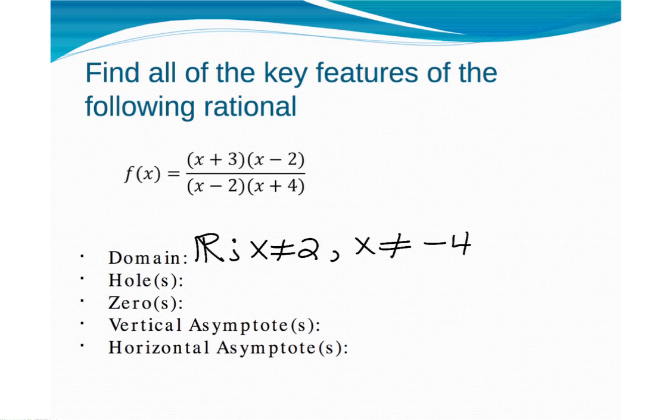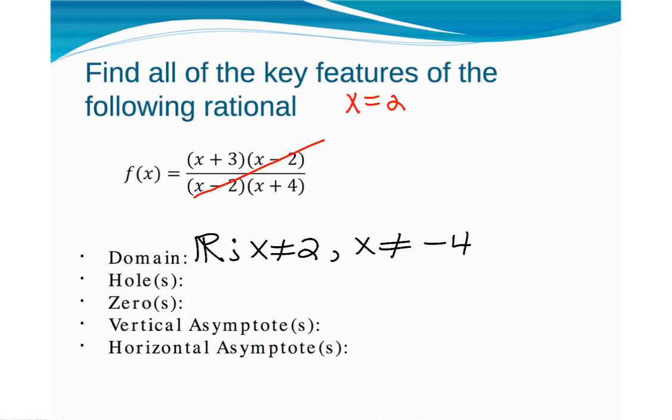Next, I'm going to look for my holes. So the holes is when I have two factors that cancel out. So here, my x minus 2's are the same on the top and the bottom. Those are going to cancel, so that's where my hole is going to come from. So I know that I'm at x equals 2. So to find out what y is going to be, I have to plug it in to what's left. So on the top, I have x plus 3.